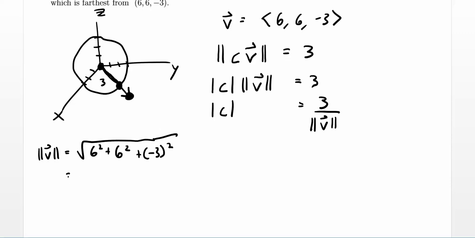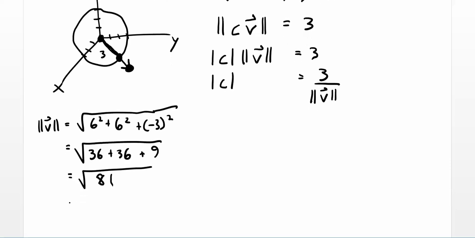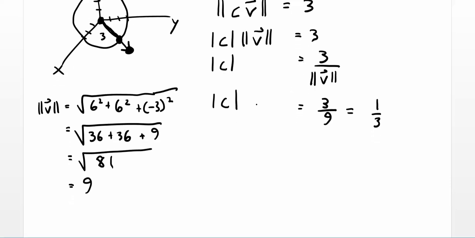This is the square root of 36 plus 36 plus 9, which is equal to the square root of 72 plus 9 is 81, and that's just equal to 9. So the absolute value of c is equal to 3 over 9, which is just 1/3. Remember, when you're solving an absolute value equation, you can have c equal to positive 1/3 or negative 1/3. That's going to come into play here in a second.